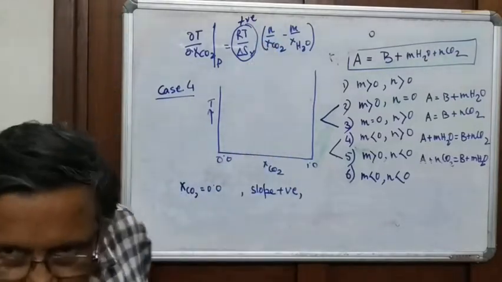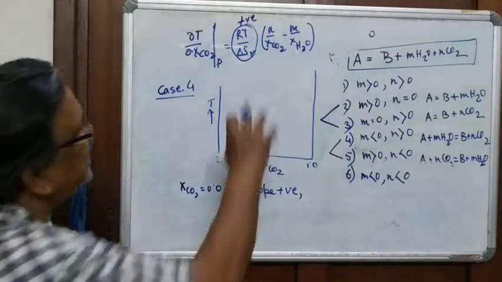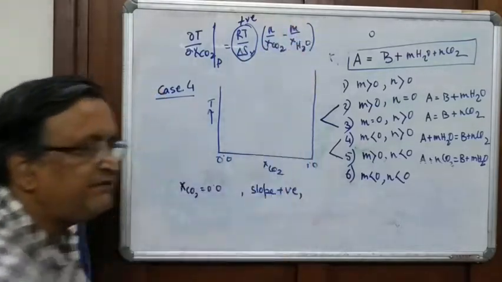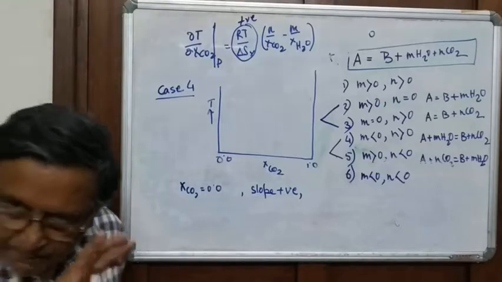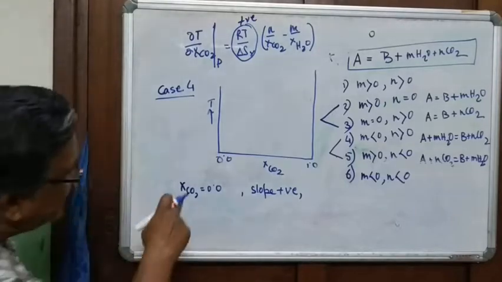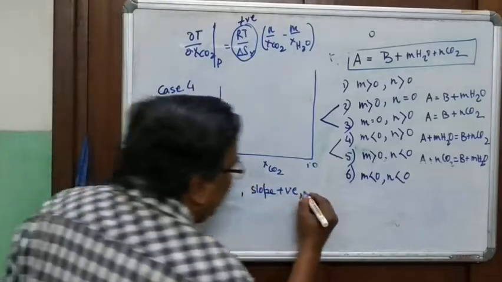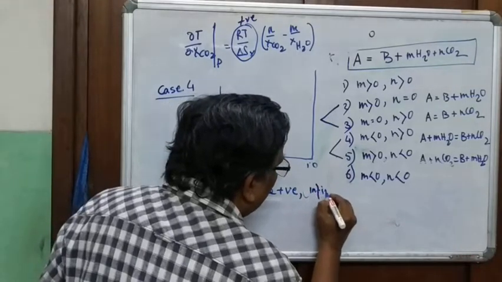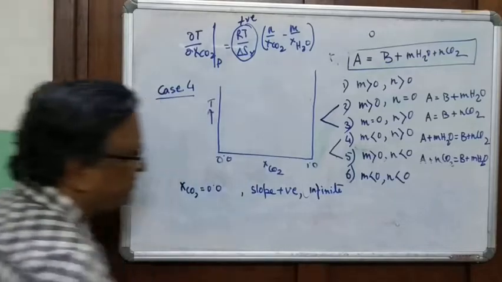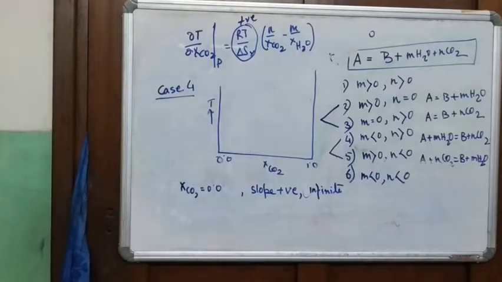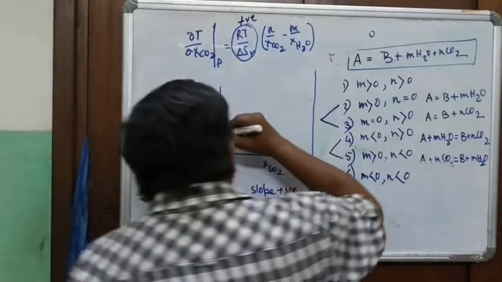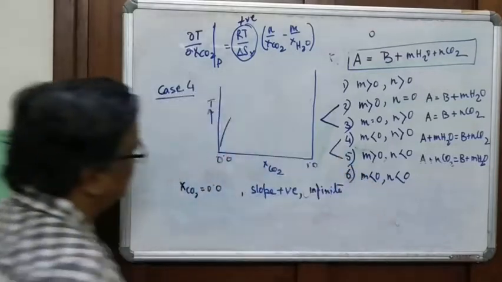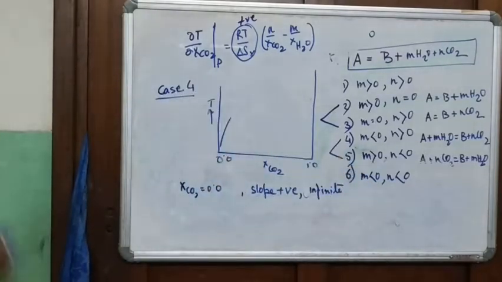It does not matter what the m value is. So it is a positive slope at xCO2 equal to 0 and infinite. The slope is positive and infinite, which means that your curve is like this. Positive but infinite, very steep.